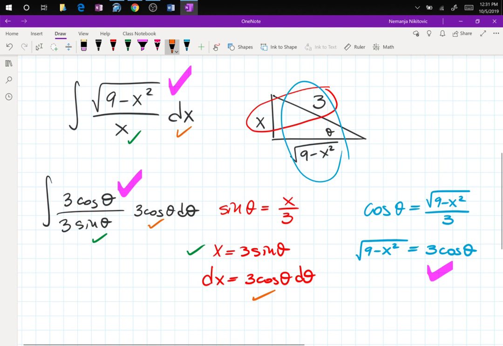The 3's will cancel. One of these 3's goes outside. So we have 3 integral of cosine squared theta over sine theta d theta. And now the question is, do you know how to integrate this, which is the previous section. So, believe it or not, the lecture is over. That's it.